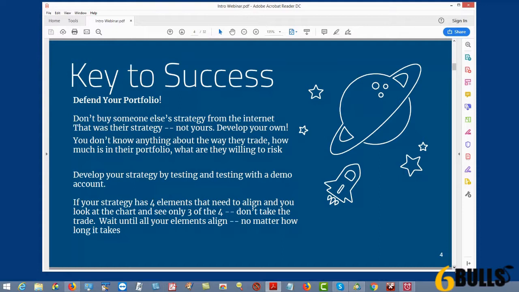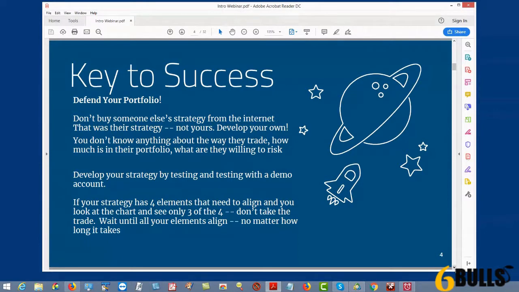Maybe you're very conservative, maybe they're not. Buying somebody else's strategy isn't trading from your own comfort zone. So you need to develop your own strategy by testing and testing and testing with a demo account. And once you've done that, you'll know the two elements in your strategy: how much you can win consistently and when to dump the trade when it's a losing trade.